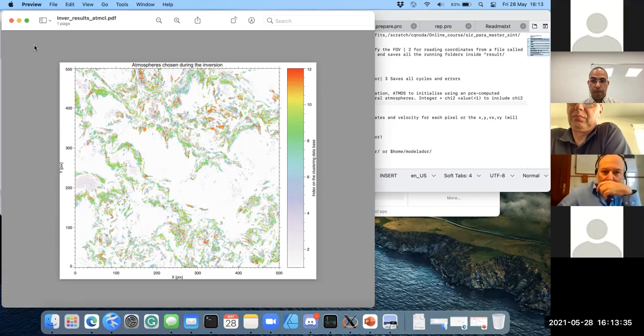Yes. I think the key is to really think how different an atmosphere is from the others. I mean, you can cover from -10, -5 kilometers per second and 0, and then 5 and 10. So then you have 5 variations of velocity. And then you can combine that with, I don't know, 5 variations of magnetic field, 100 Gauss, 350, 800, 1500.